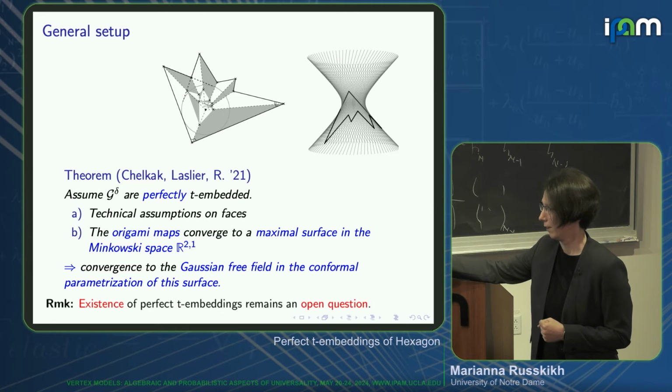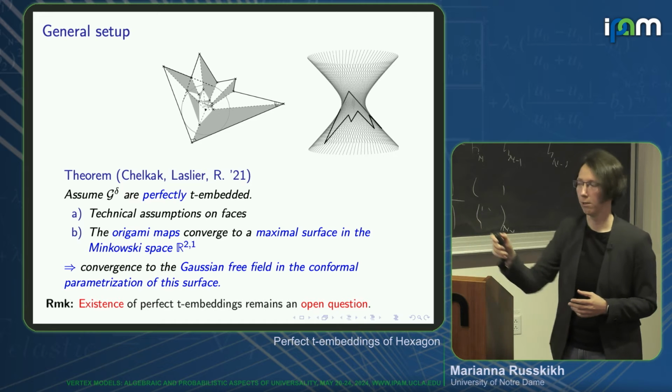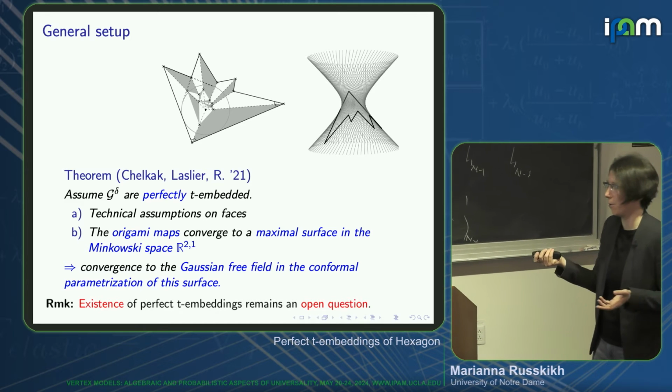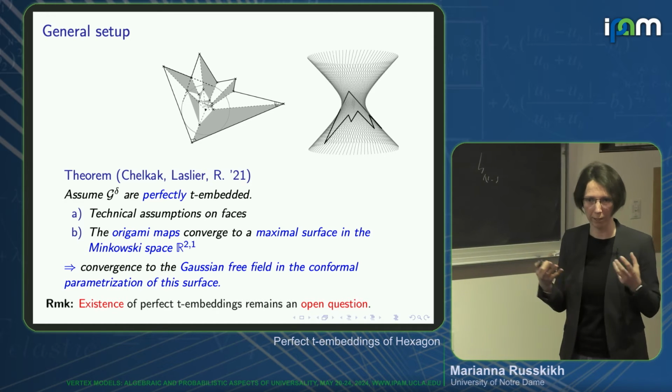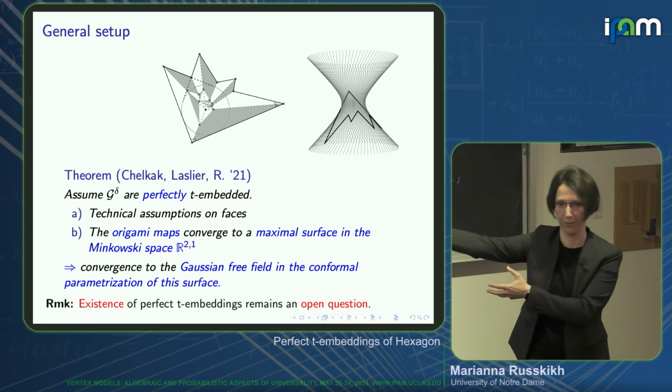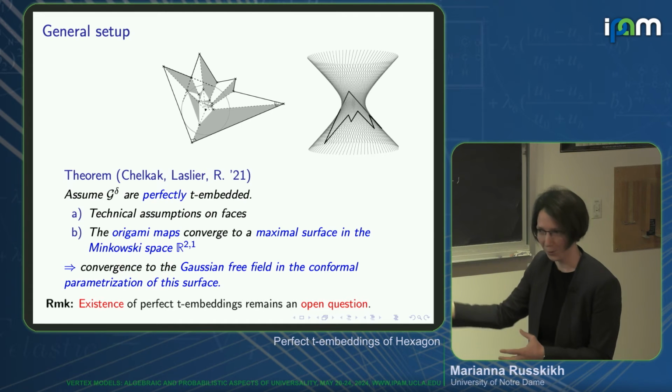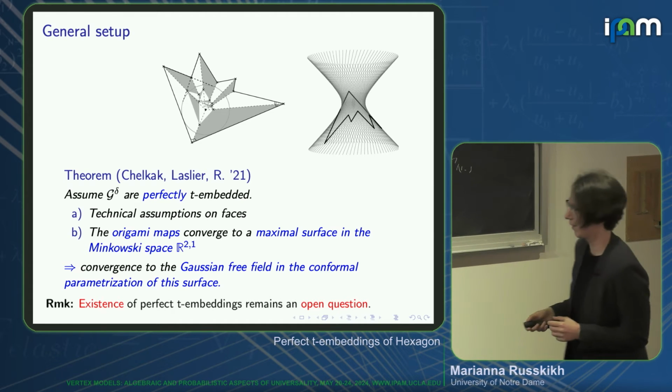One of them is the existence of those t-embeddings itself, and in general, it remains an open question. We also still need to check two more conditions to apply this result. Having this theorem, a natural question is whether we have any results where we can check all these assumptions. Yes, we do. I'm going to talk about at least one of them.